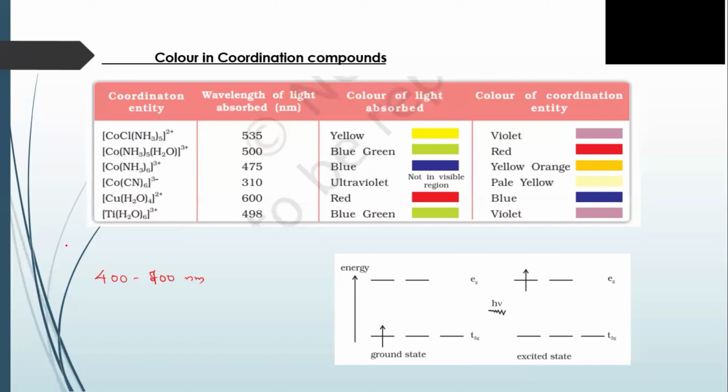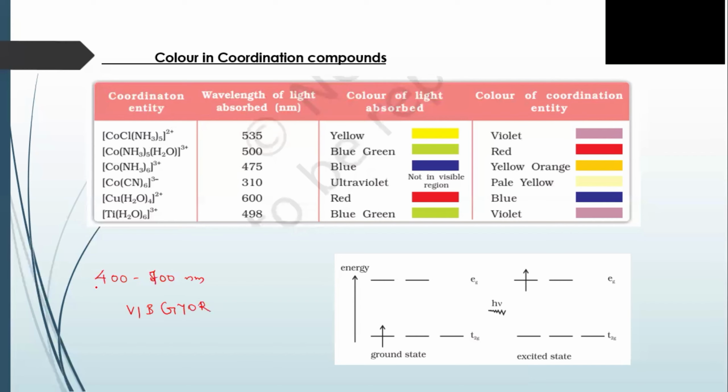The visible light is made up of VIBGYO, that we all know. These are the colors that are broadly arranged into these colors.